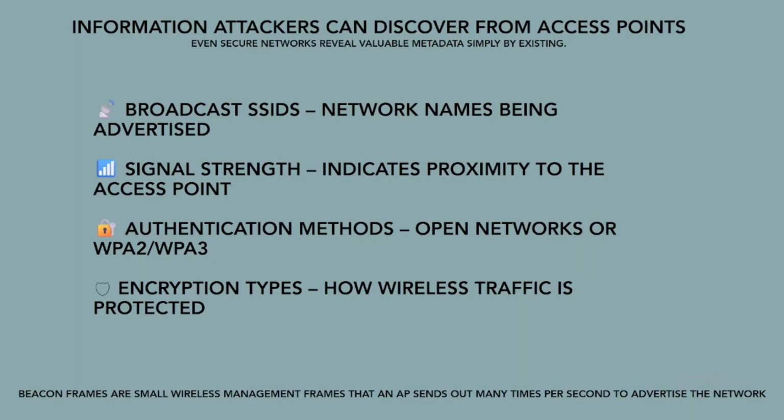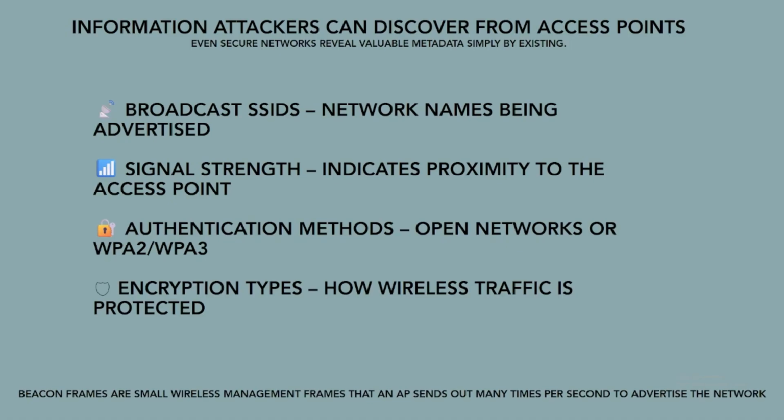The scanning tools essentially search for beacon frames that wireless access points broadcast in order to advertise their network. What can be discovered from access points is broadcast SSIDs, signal strengths, authentication methods, and encryption types. And just in case you're new to tech, an SSID is essentially the network name that's being advertised.